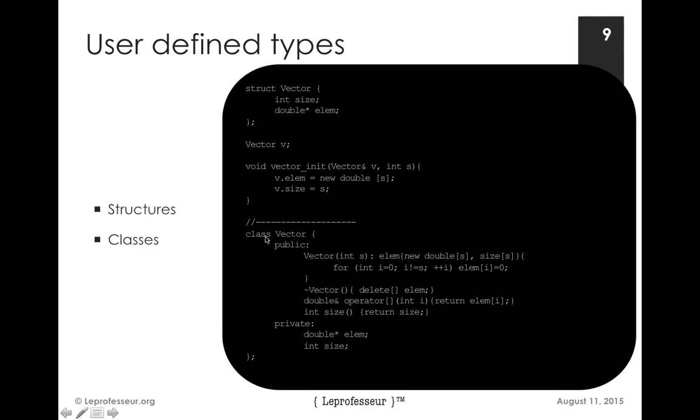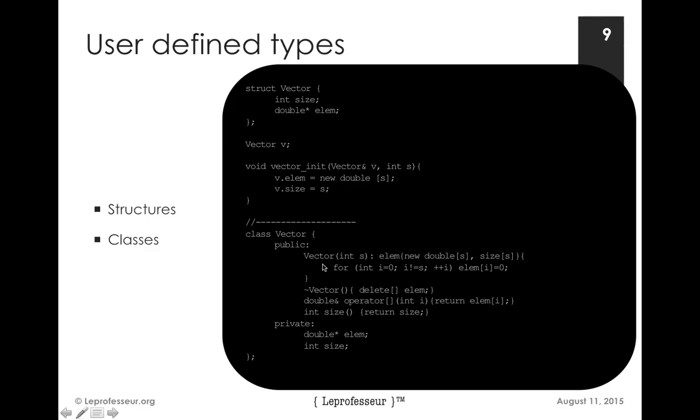In C++, you can write the same thing as Vector. You can specify public. Public type means anybody can access. Those are functions basically. So when you write a function with the same name as the class, it is declaring a constructor.